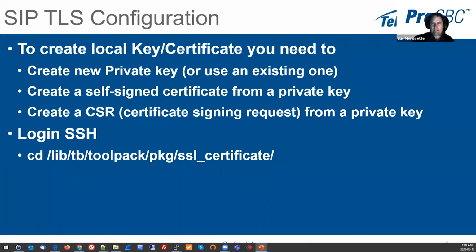And you need to create a certificate signing request also from this same private key. These keys need to be stored at a specific location in the system. This is the path on the system where the certificates and the keys need to be put.